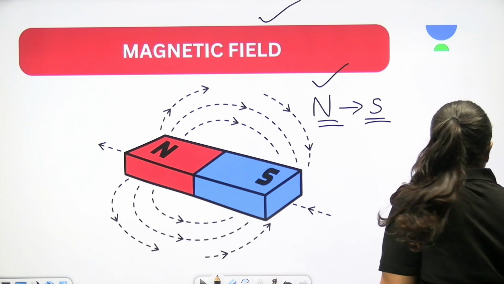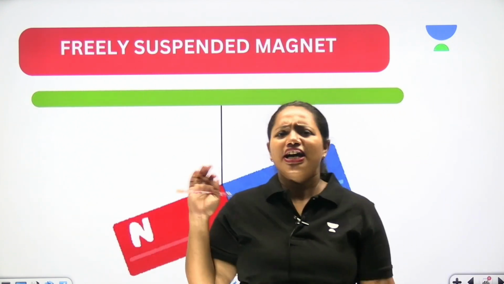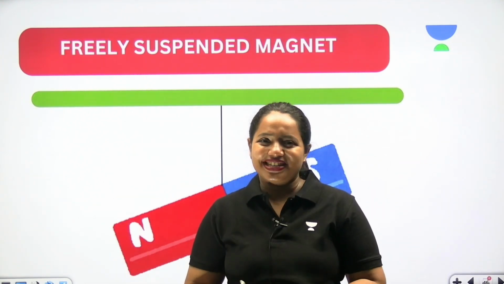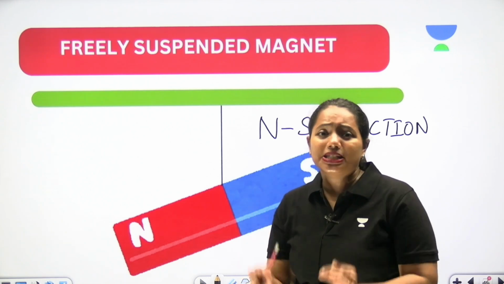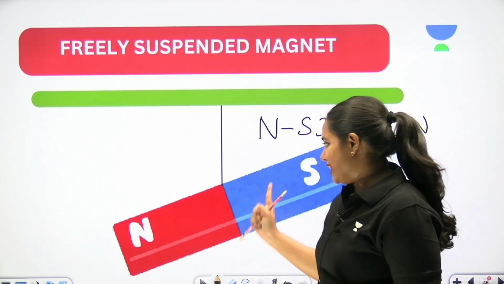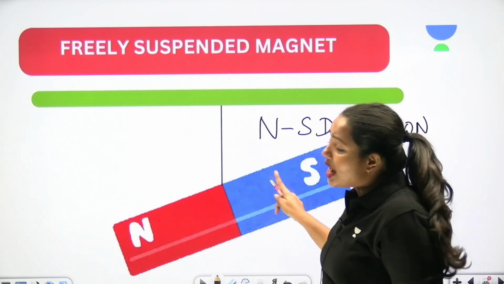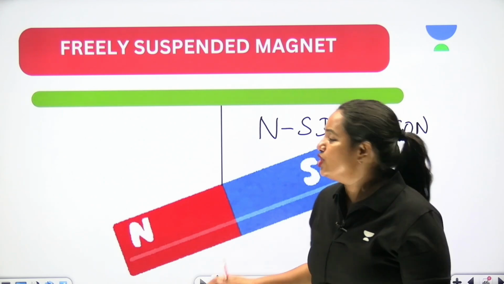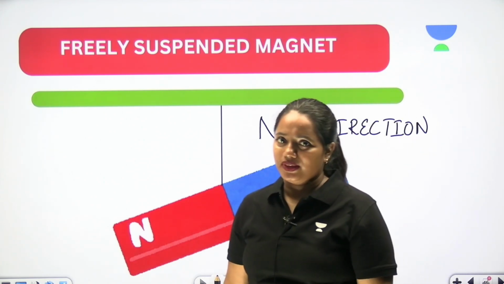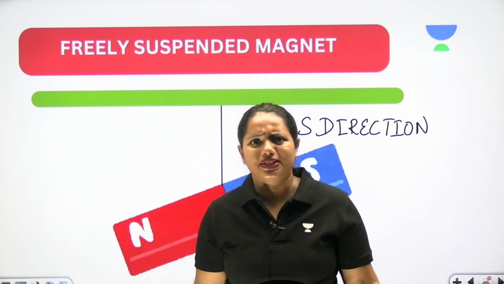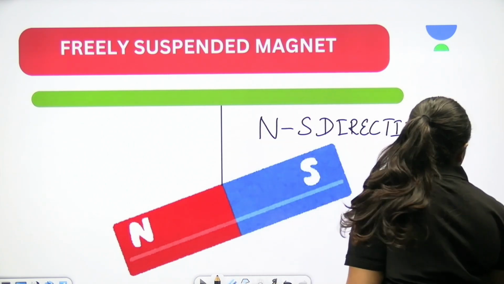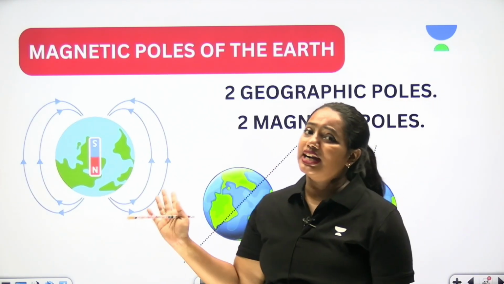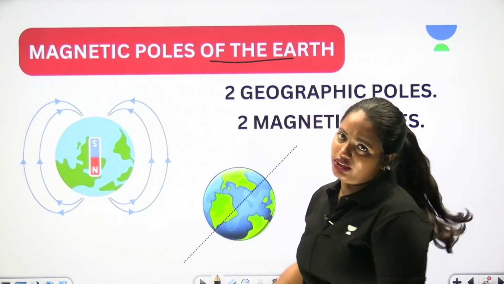Got it? And now it's all about a freely suspended magnet. So if I try to suspend a magnet freely like this, the magnet automatically gets aligned to a north-south direction. How is it possible? That's what we are going to learn next. And for that, you need to understand the magnetic poles of Earth.